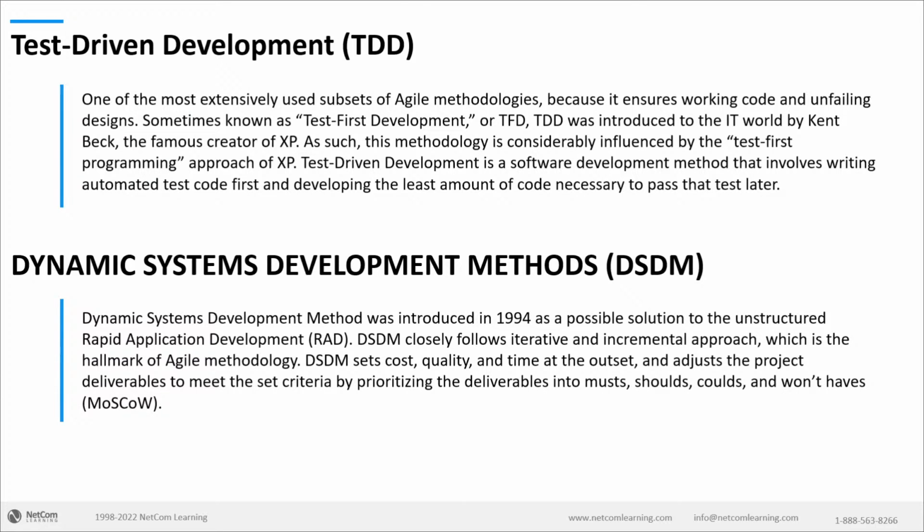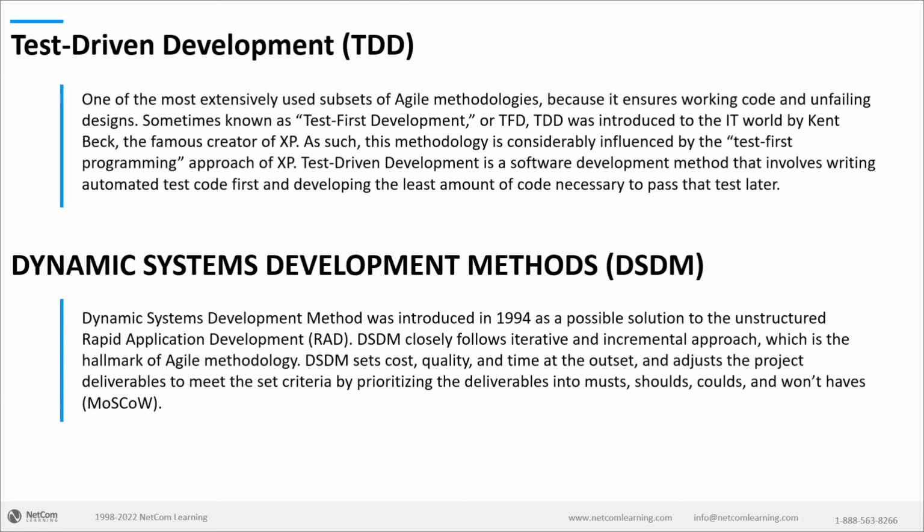So if you want to use the Agile concepts, but the team size is big, the amount of risk involved is high, then you probably want to use DSDM approach. Again, it closely follows the iterative and incremental approach.